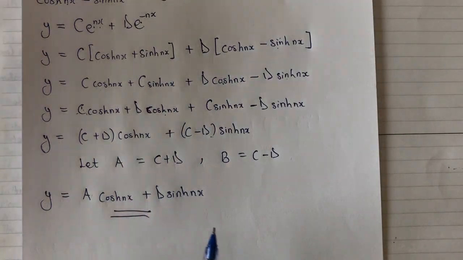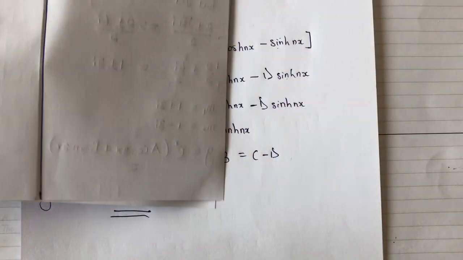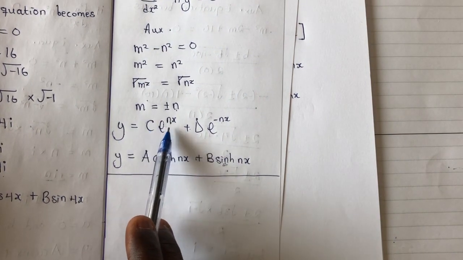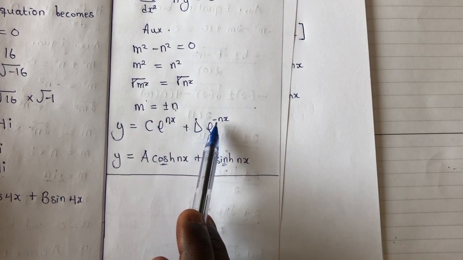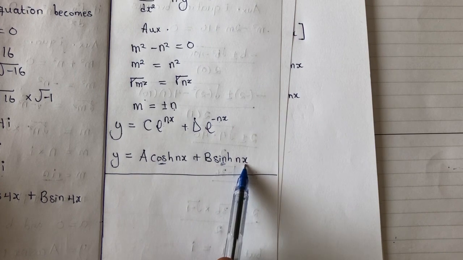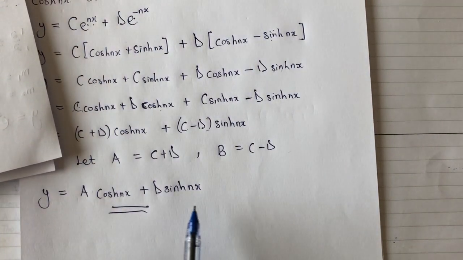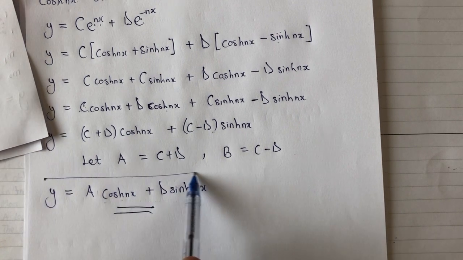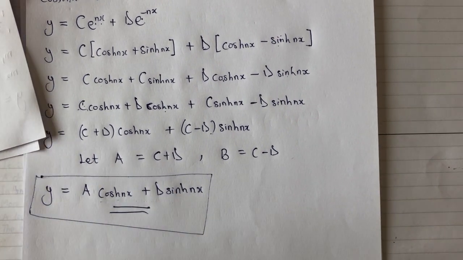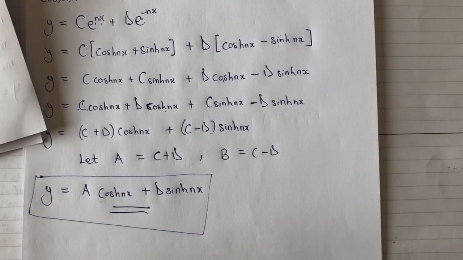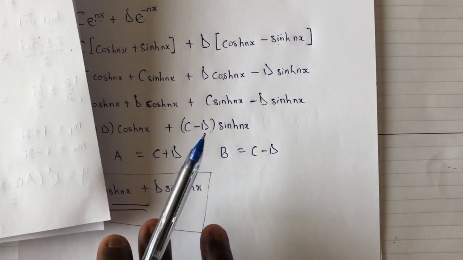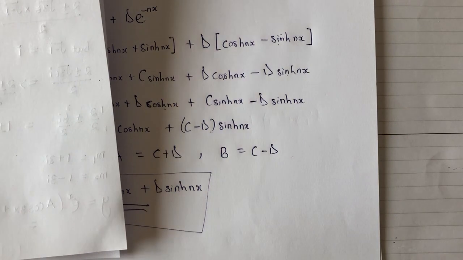So taking you back, when I tell you that y is equal to c e^nx plus d e^-nx is equal to this, do not be confused. This is the proof. So all you need to do is put this in your head for special case questions, and you'll be good to go.